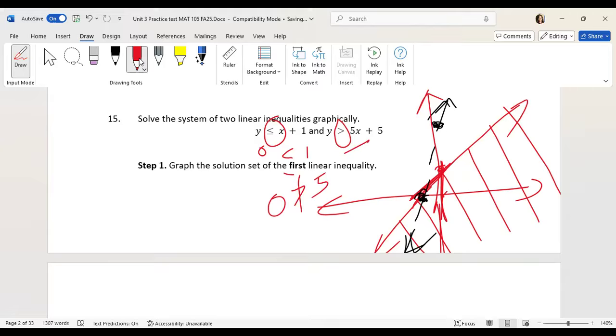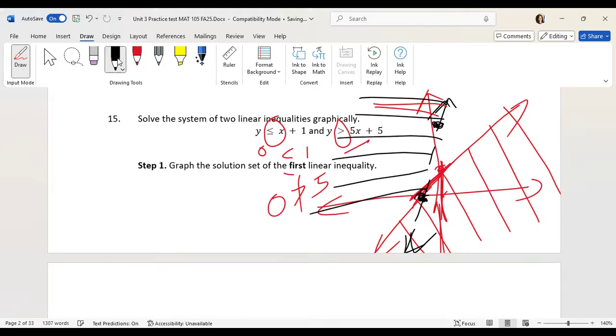In other words, the region to be shaded should be the region on the other side, because the point I picked did not satisfy it.